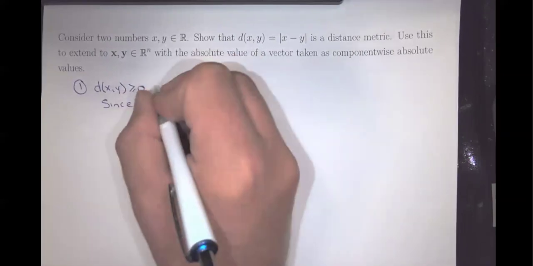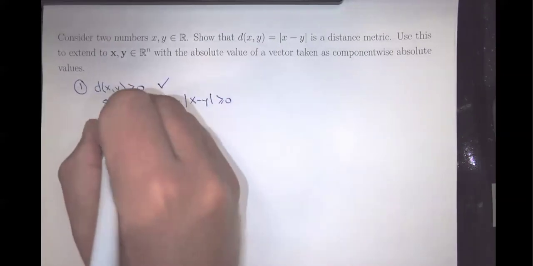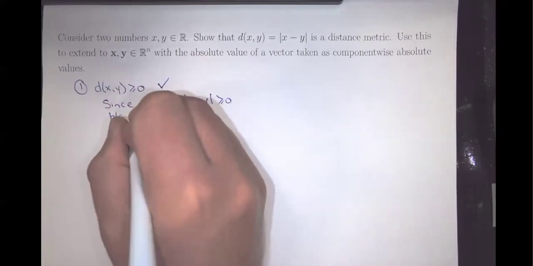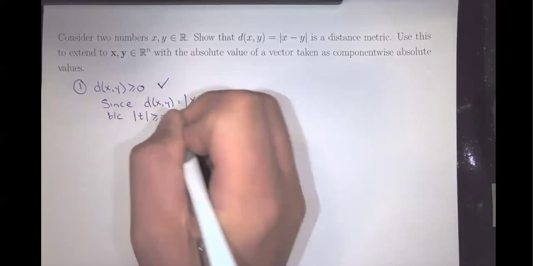So this is, of course, satisfied because the absolute value of t is always greater or equal to 0.